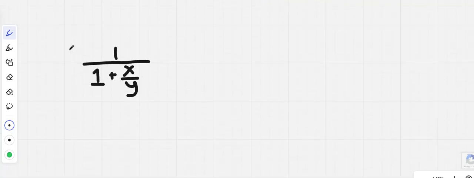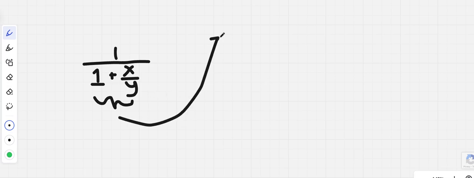Next question, or next equation, we have 1 over 1 plus x over y. So here, for this denominator, we're going to find a least common denominator for 1 and x over y. So 1 plus x over y.